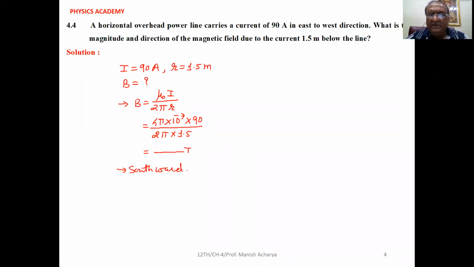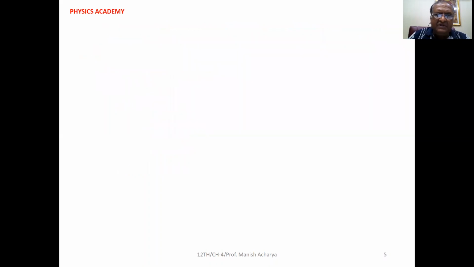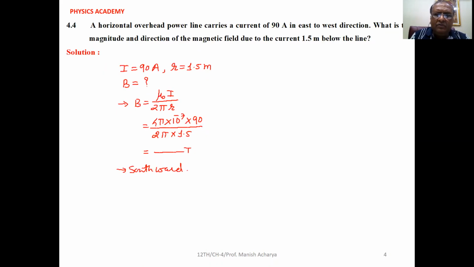Again here, you can fix the direction by right hand rule. See, in this way, if we consider the directions north, south, east, west. Okay. Now east to west current is there.